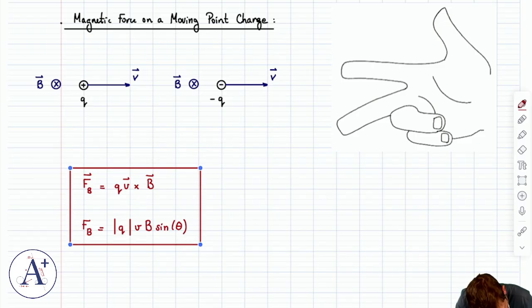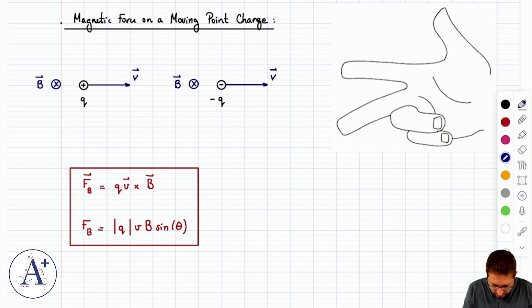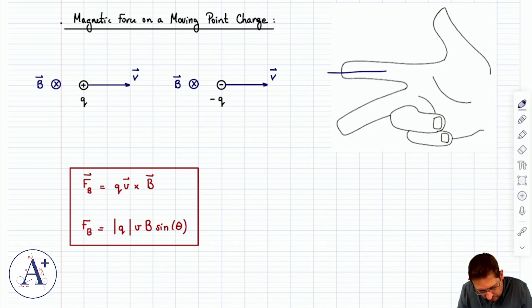Now this is a cross product, just like before, meaning that to find the direction of FB, we use the right-hand rule, just like before. The first vector of your cross product is going to be along your forefinger. So this is going to be V. The second vector of your cross product, which is B, is going to be along your middle finger.